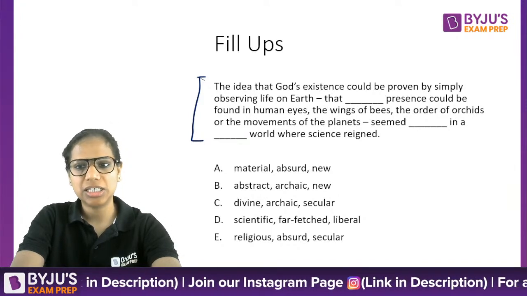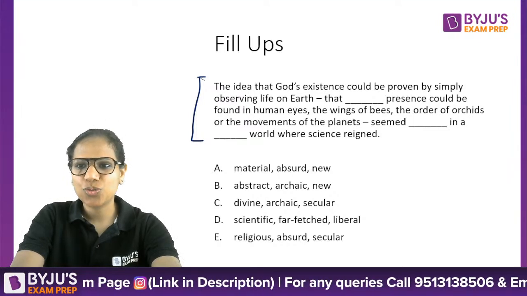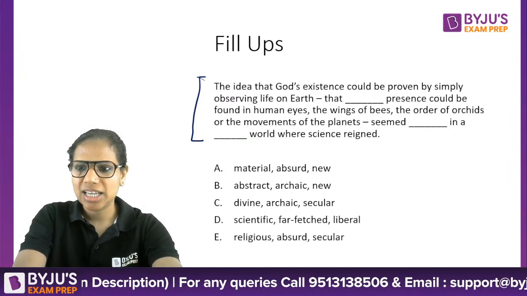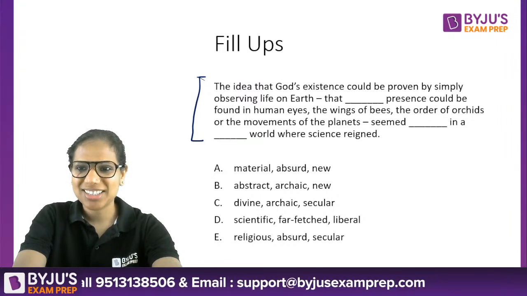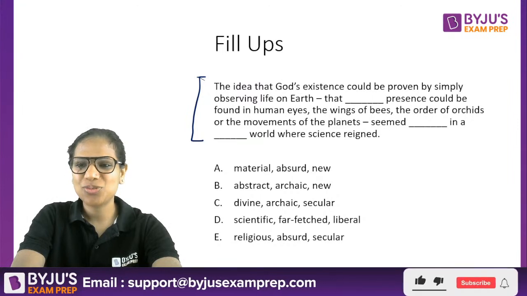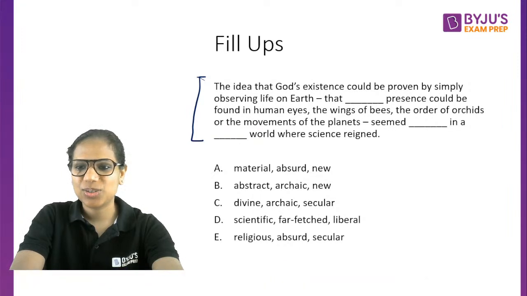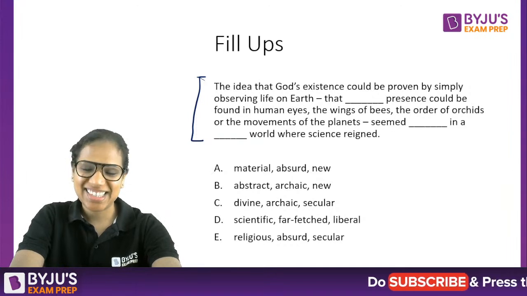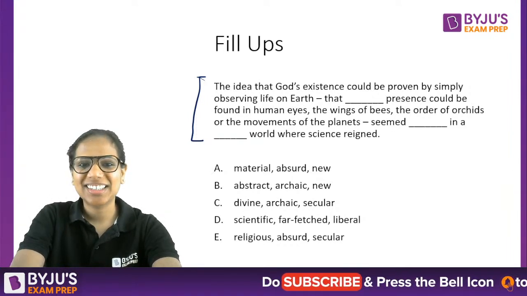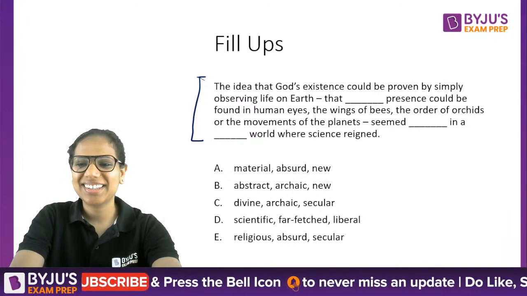E. D. D. A. Okay. So far I've got A, D, E, B. Okay. Only C is left. Only C is left. Okay. So A, D. Yes, this is from Eon. I made this question from there.